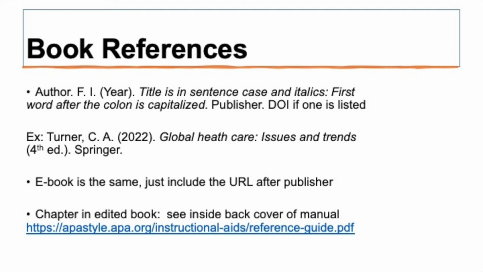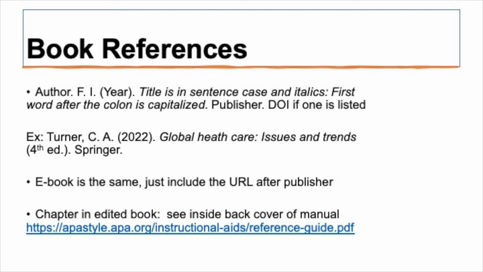And the reason you don't put a period after the DOI is because if I was reading your paper and I wanted to go look at that article and I clicked on it and pasted it into my browser, it would give me an error message because it's reading that period and that messes up the whole link. So you don't want a period after the DOI, and you also don't want a period after any type of a URL in a reference.